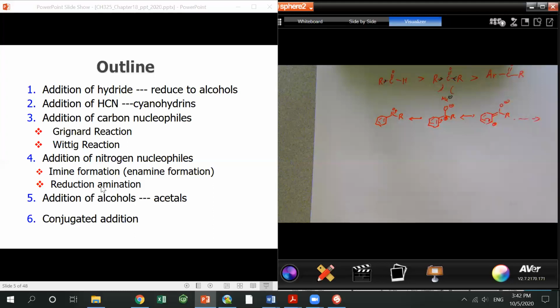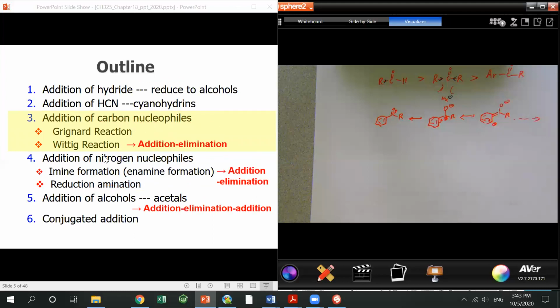And there is one extension reaction of the addition of nitrogen nucleophiles, called reductive amination, which we will learn later. In the end we will learn addition of alcohol, which gives acetal, and some conjugate addition reactions. The most important reactions for this chapter are the two carbon nucleophile reactions, the Grignard reaction and the Wittig reaction.